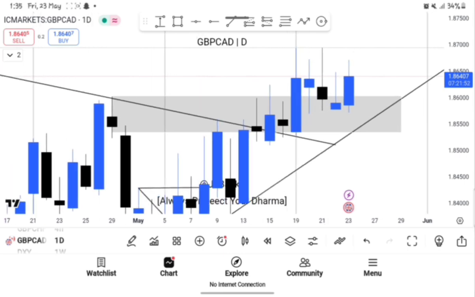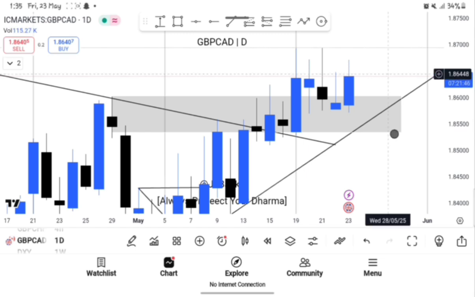So, for example, let's say at this price you bought a GBP card at exactly this price, let's say 1.85717, right? That is the price that you really want to buy GBP card at.